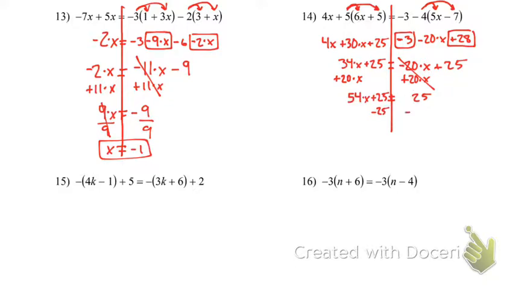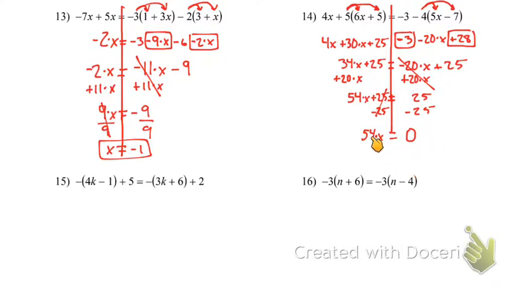What you do to one side, do to the other. And now we have 54 times x equal to 25 minus 25, that's actually just 0. Okay, that's okay to have 0, like I mentioned last time. You're allowed to have 0. What we got to be careful is when the variable cancels out. Right now, we're good with 0.